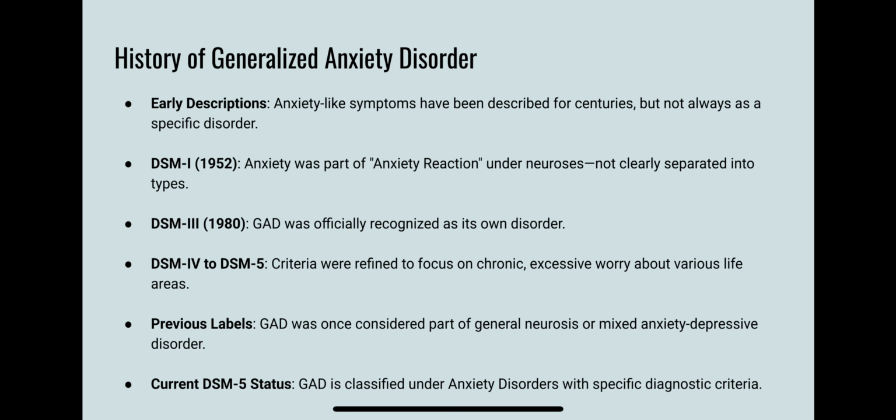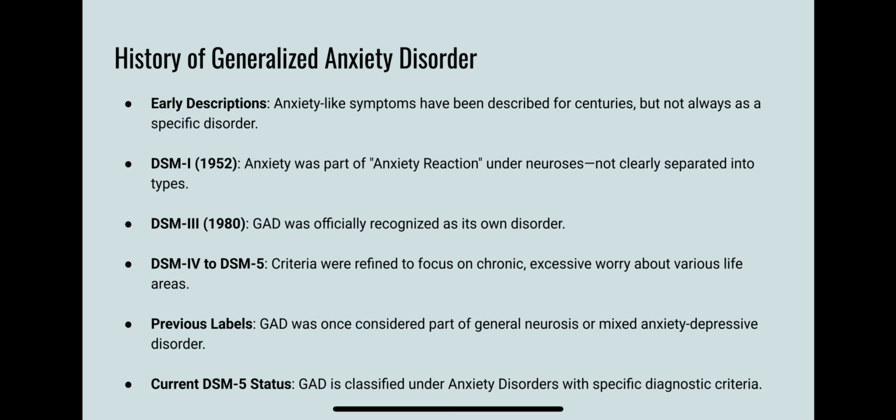And then we find ourselves with the DSM-5, which is the definition that we use currently, and it shows that GAD is classified under anxiety disorders with specific diagnostic criteria.